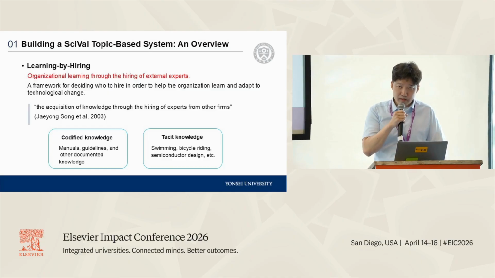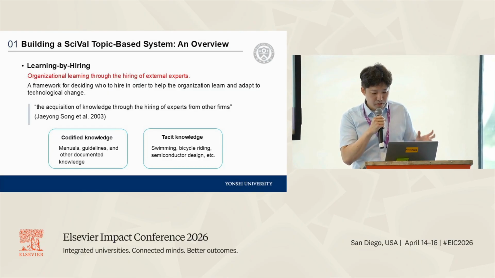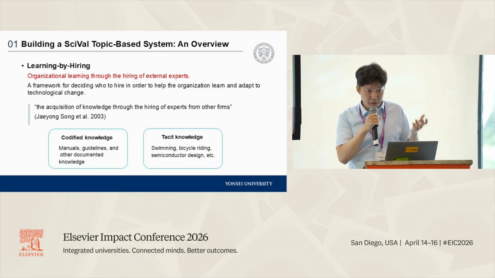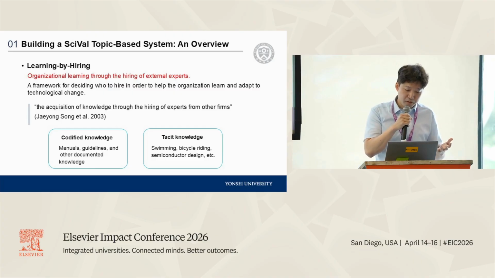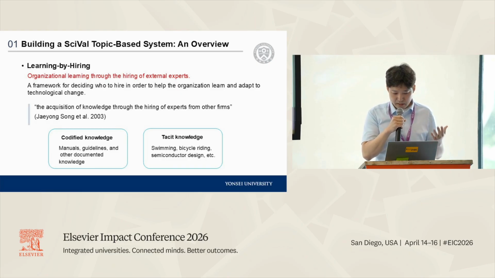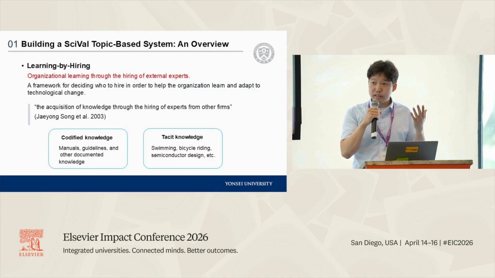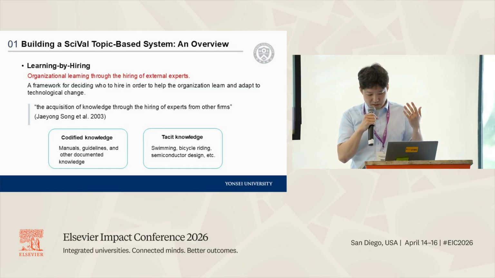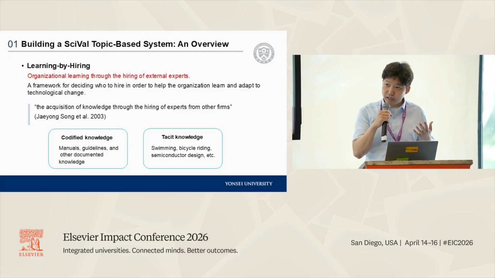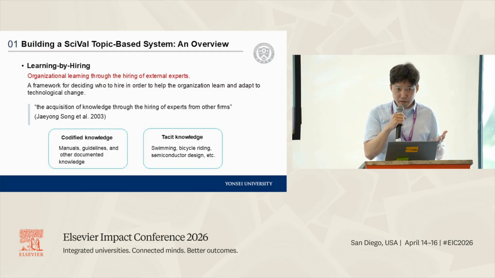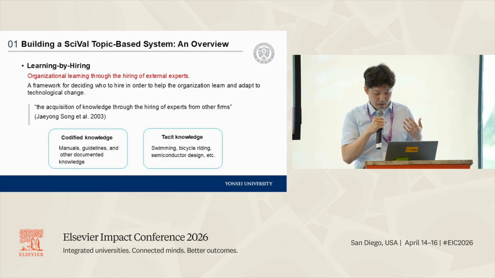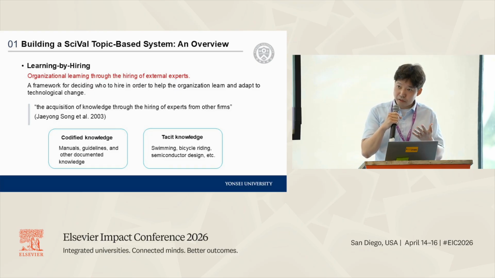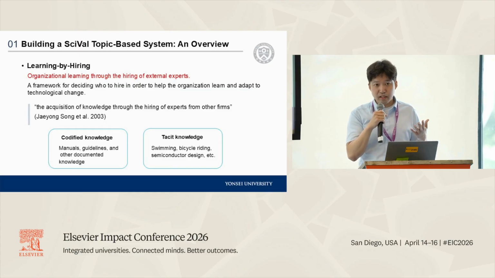To understand why this is so vital, we need to distinguish between the two types of knowledge, codified and tacit. Codified knowledge is structured information that can be easily transferred through manuals, guidelines, and documents. And since it is documented, it is relatively easy for others to imitate. The tacit knowledge, however, is a different story. It is deeply personal and difficult to transfer to others, which is why it is often called sticky knowledge.